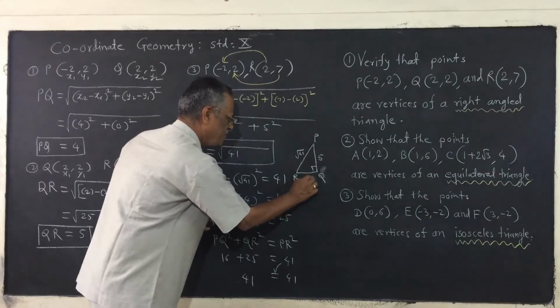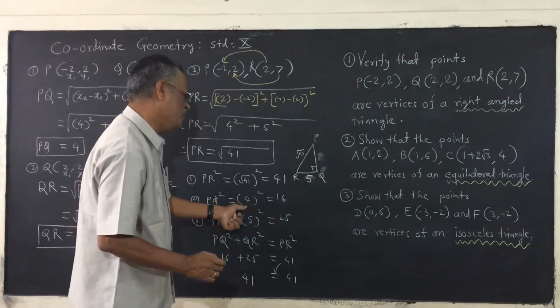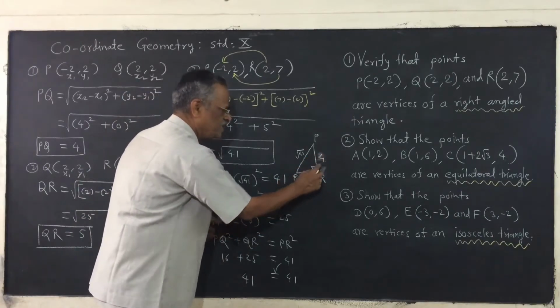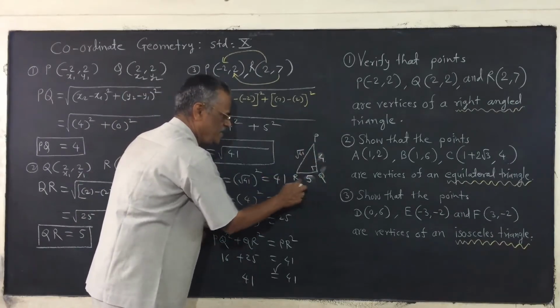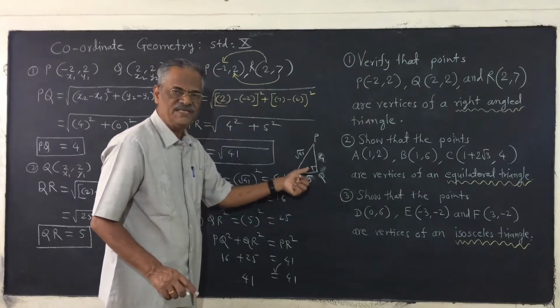If we take QR as 5 and PQ as 4, you can see that PQ and QR are perpendicular to each other.